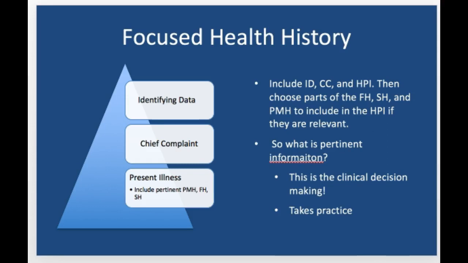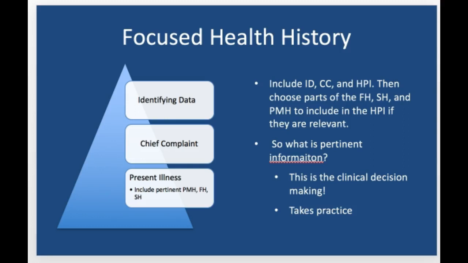Okay, so if we're talking about a focused health history, those are concerns that are episodic in nature. So someone who comes in for one particular reason, a cough or shortness of breath or knee pain or toe pain or blurry vision or neck pain or whatever that is, that's a focused health history. You don't need to talk about every single thing we just talked about. You can just focus in on the most important information.